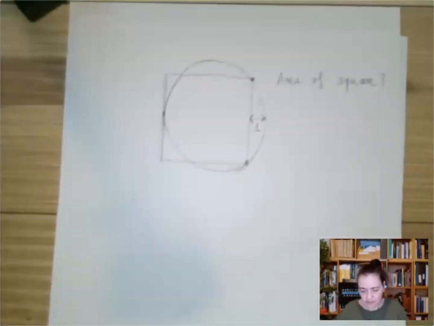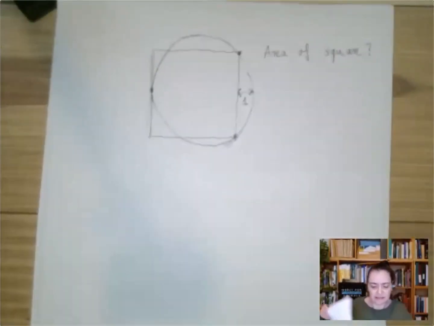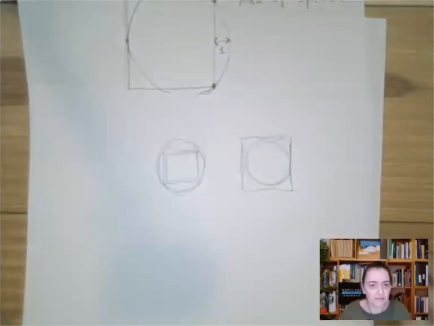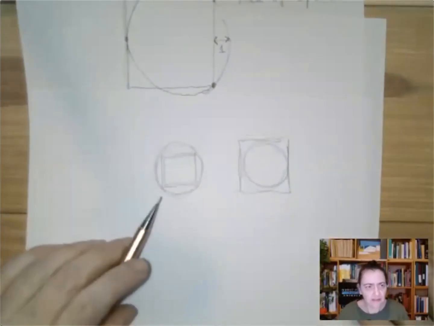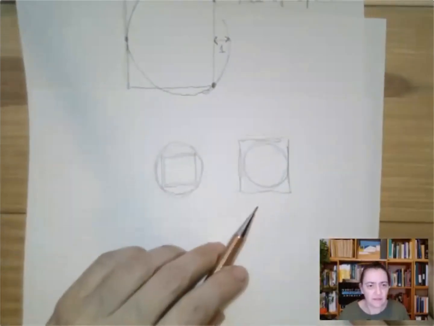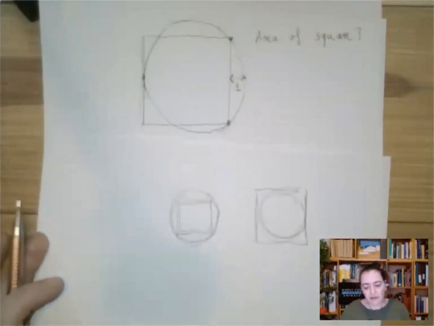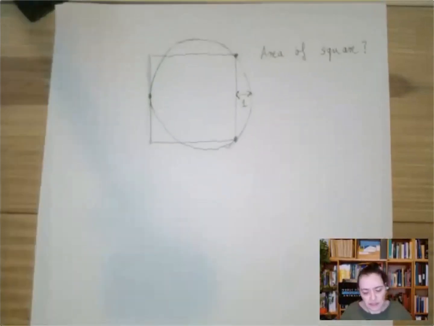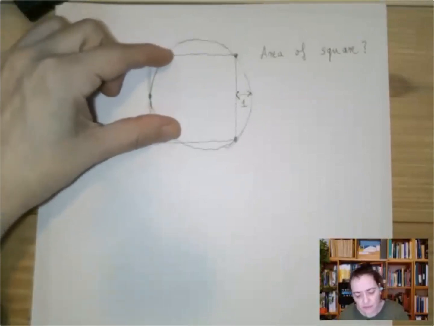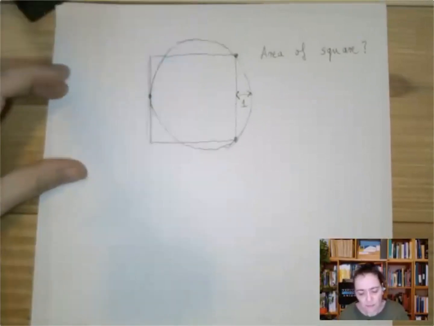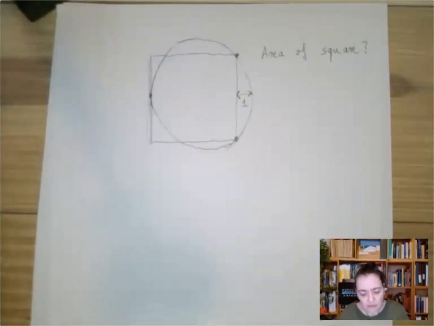Now let me just go away for a moment and state for the record that if you have something like this or something like that, then the center of the circle and the center of the square coincide. That's not the case here. One thing you can imagine is the centers would coincide if these two points would be sides.